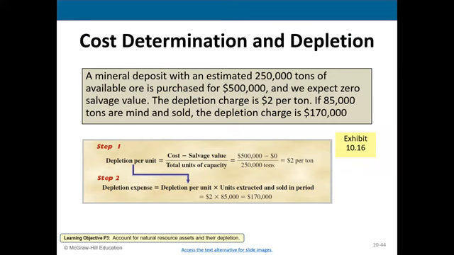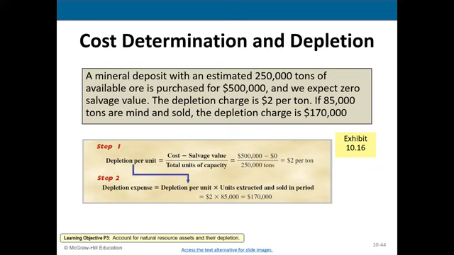Depletion acts the same way. We take the cost minus the salvage value divided by the units of capacity. Units of capacity, these are the tons of materials being extracted from the earth. That helps us to find depletion per unit. We take the depletion per unit and multiply that by the number of units extracted during the accounting period. How many tons we took during that year.